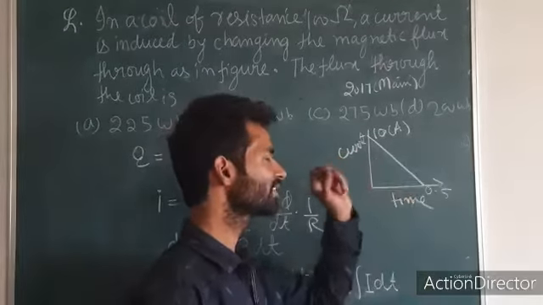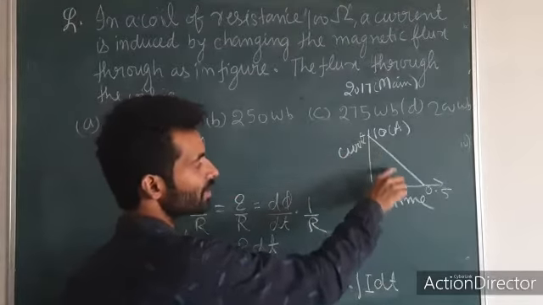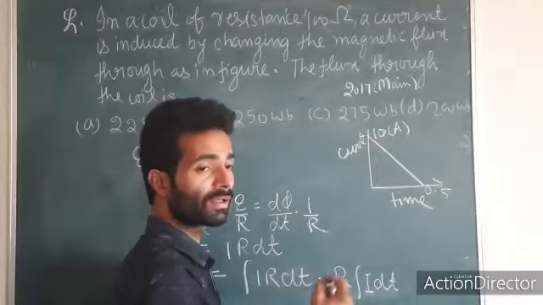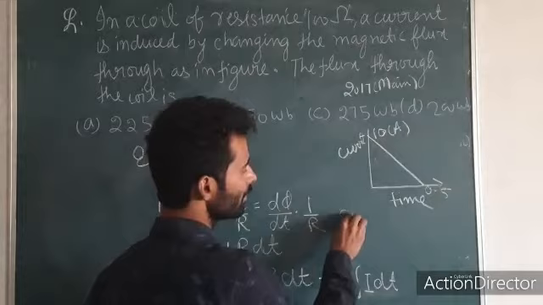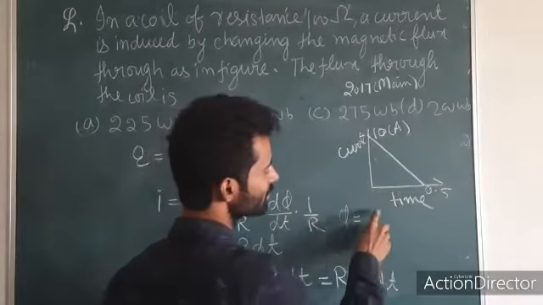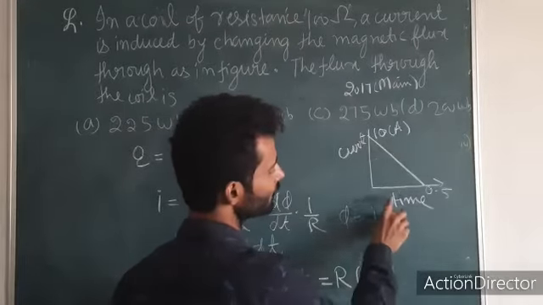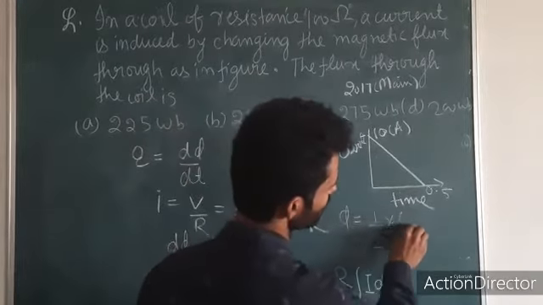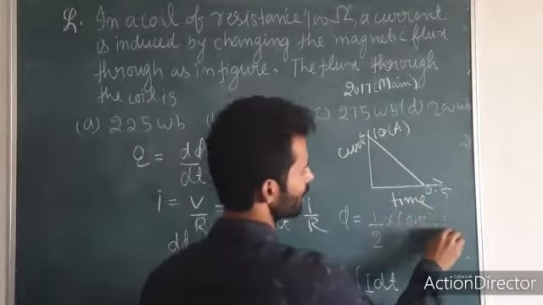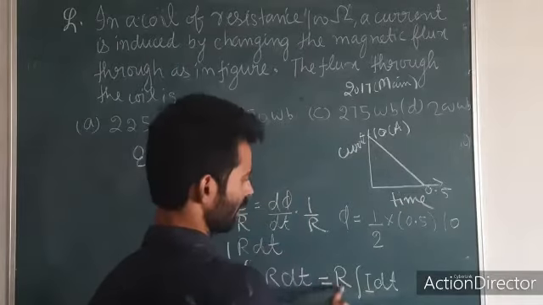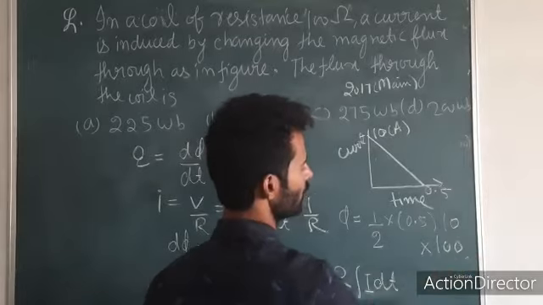तो यहाँ पर ये एक ट्रायंगल के रूप में है, इसका मतलब इसका जो एरिया होगा इतने पूरे एरिया के बराबर जो हमें मिलेगा वो हमारा रिक्वायर्ड फ्लक्स में चेंजिंग होगा, फ्लक्स होगा। इसलिए phi is equal to area of this right triangle, and area of right triangle is equal to 1/2 base means time, this is given 0.5, and current 10 ampere, and here R also is multiplied, so R is equal to 100 ohm.